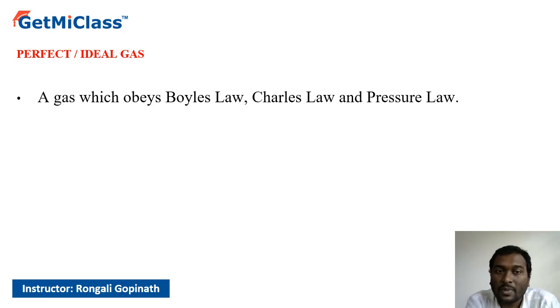So that comparison is over here. Any gas which obeys Boyle's law, Charles law and pressure law can be called an ideal gas. From this we can say that all the real gases don't obey these laws very strictly. At some point there will be some variation of these gases from these laws.